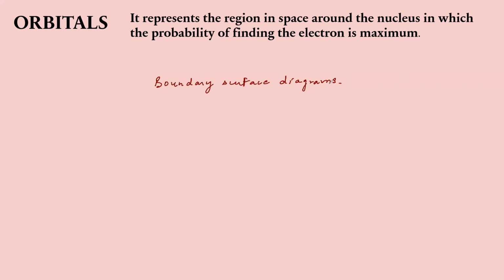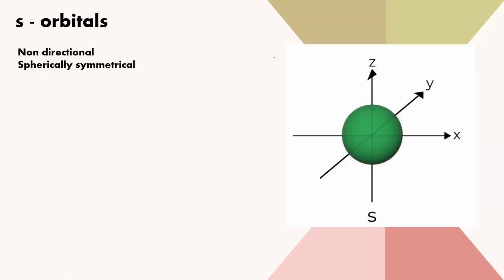Now let us move to the first boundary surface diagram, or the first orbital. I hope the concept of orbital is clear. The very first orbital is the s orbital. s orbitals are non-directional and spherically symmetrical. What does it mean?